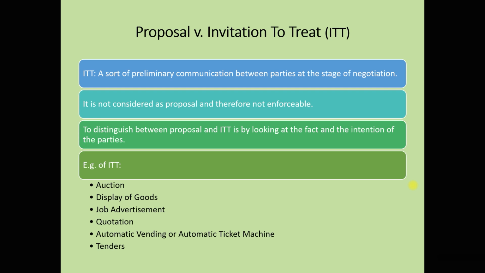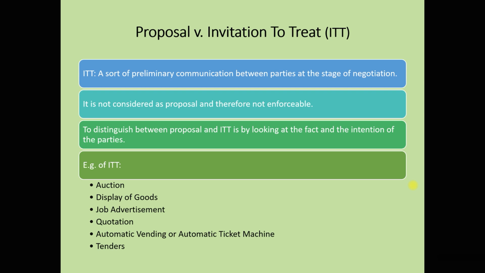Okay, number 3, job advertisement. Job advertisements are also not considered as a proposal. If we consider a job advertisement a proposal, whoever sees the advertisement in the newspaper, the employer would have to accept that reader, right? So that's why a job advertisement is not considered a proposal.